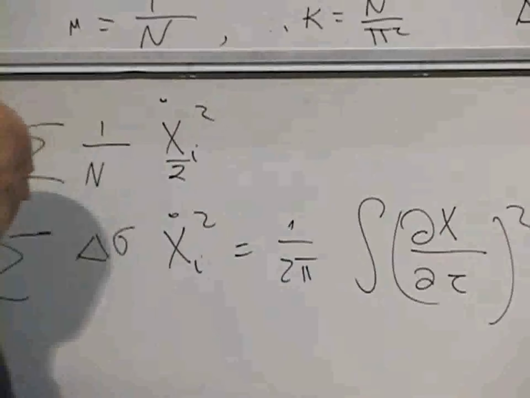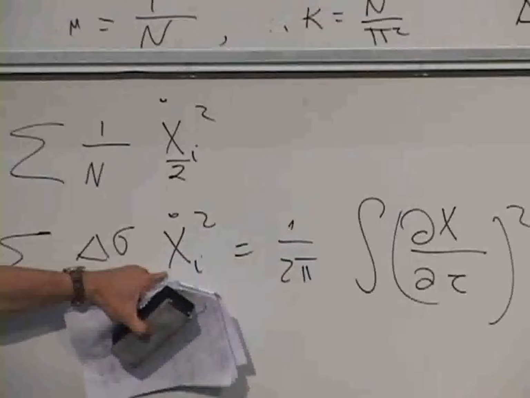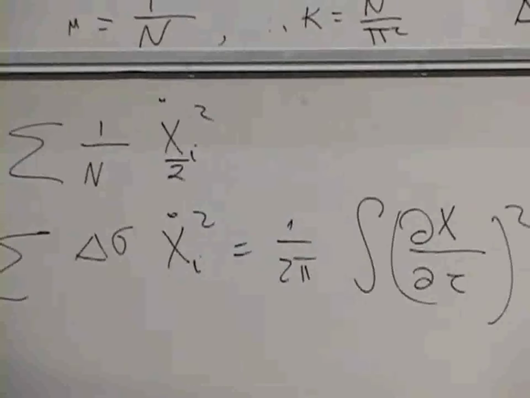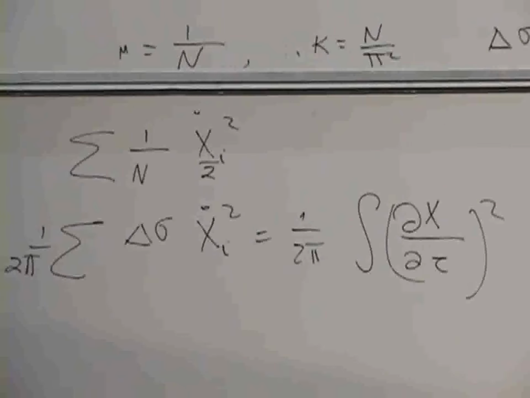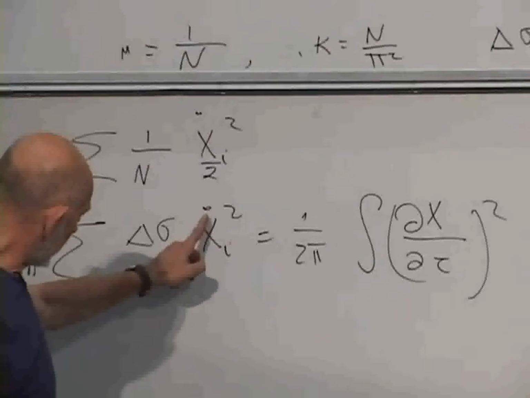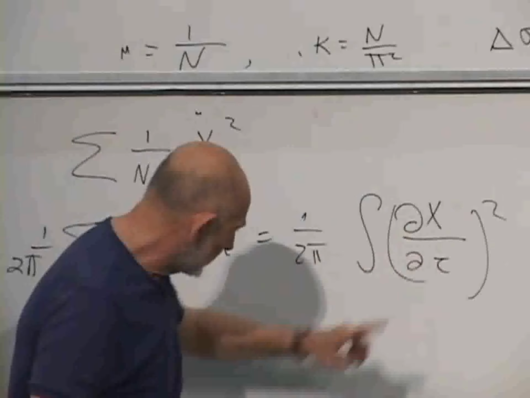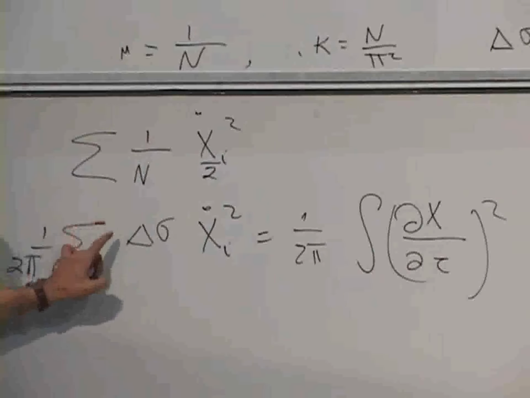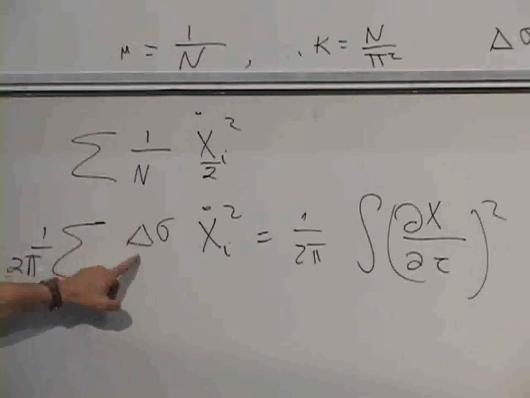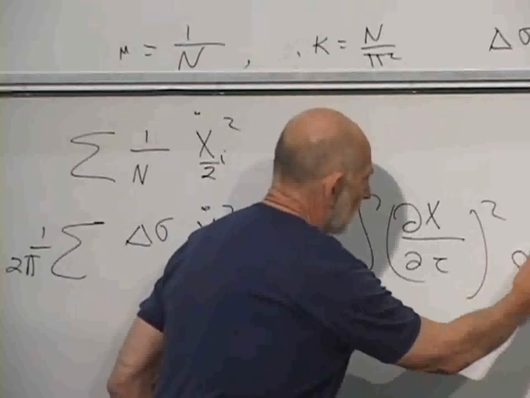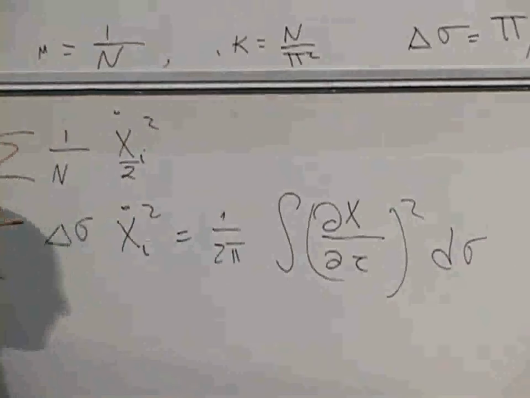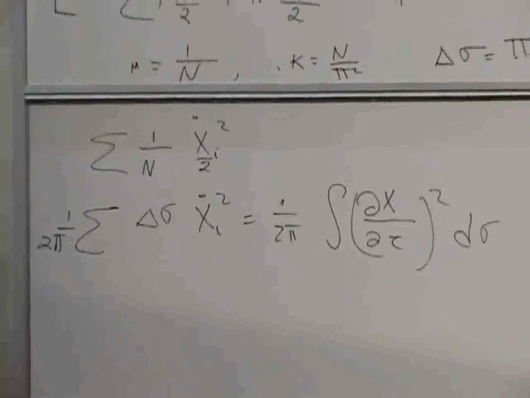Tau is time. Tau is this analog time that appears in this light cone or infinite momentum frame physics. X dot means dx dt or dx d tau. Sum over sigma times a function is simply the integral. And where does the integral go from? The integral goes from 0 to pi.